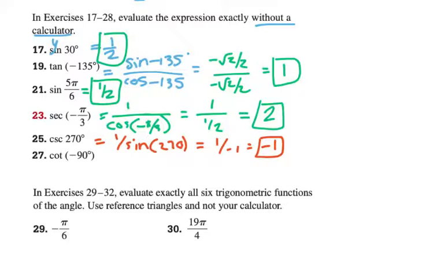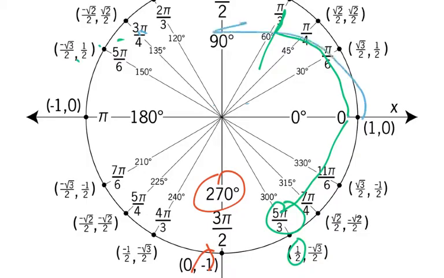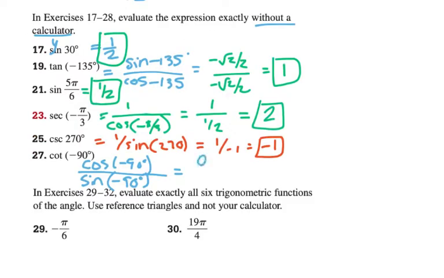And then the last one is cotangent, which means we have cosine over sine of -90. So the x value over the y value of -90. Positive 90 is this way, negative 90 is this way, and we want the x over the y, so 0 over -1. And so that means that we're going to have 0.